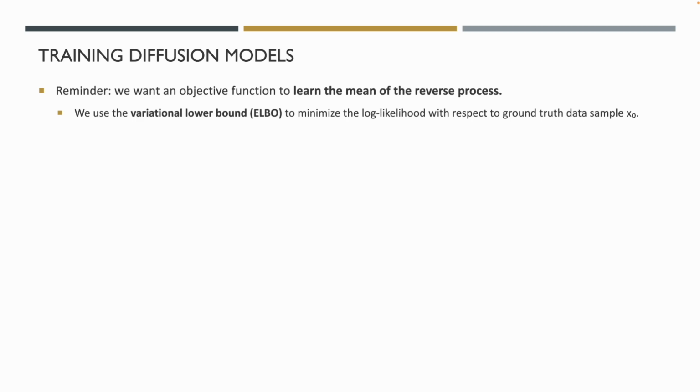So how can we train diffusion models? As a reminder, we want an objective function to learn the mean of the reverse process. The authors have observed that the combination of q and p theta can be seen as a variational autoencoder, and we can use the variational lower bound, the ELBO, to minimize the log likelihood with respect to the ground truth data samples x0.